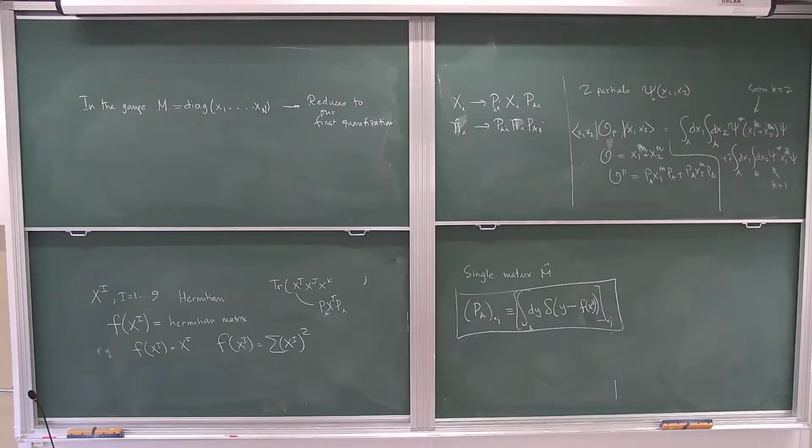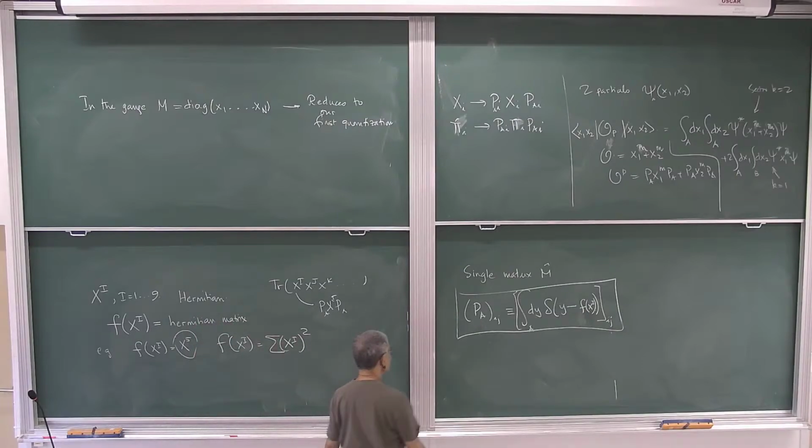For multiple matrices, of course, you cannot diagonalize all the matrices, but you can diagonalize one f. Any f you choose. Any function of the matrices which itself is Hermitian, I can use the U(N) gauge symmetry which acts on all the matrices to diagonalize this particular one. For example, I can diagonalize X5, one of those matrices.